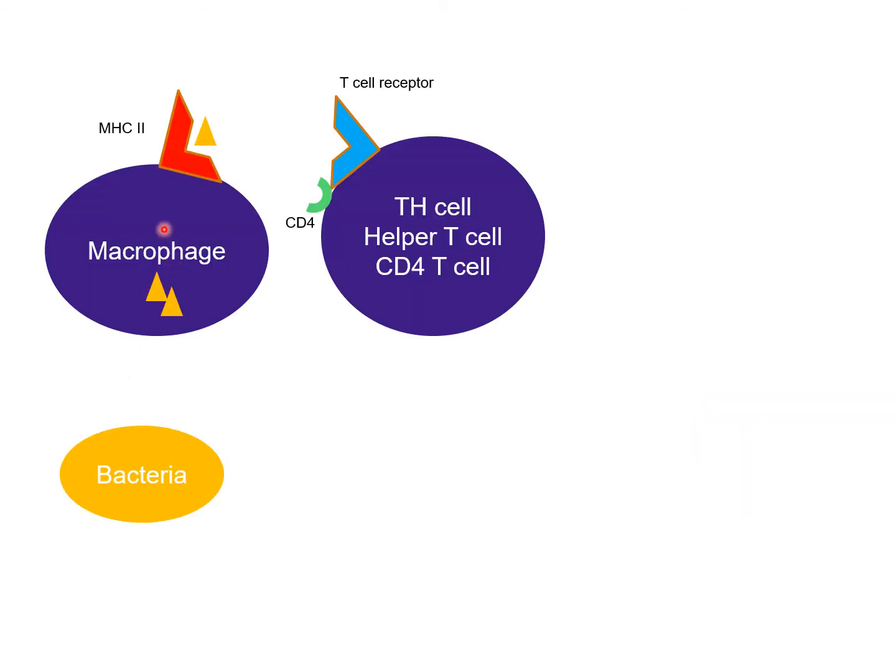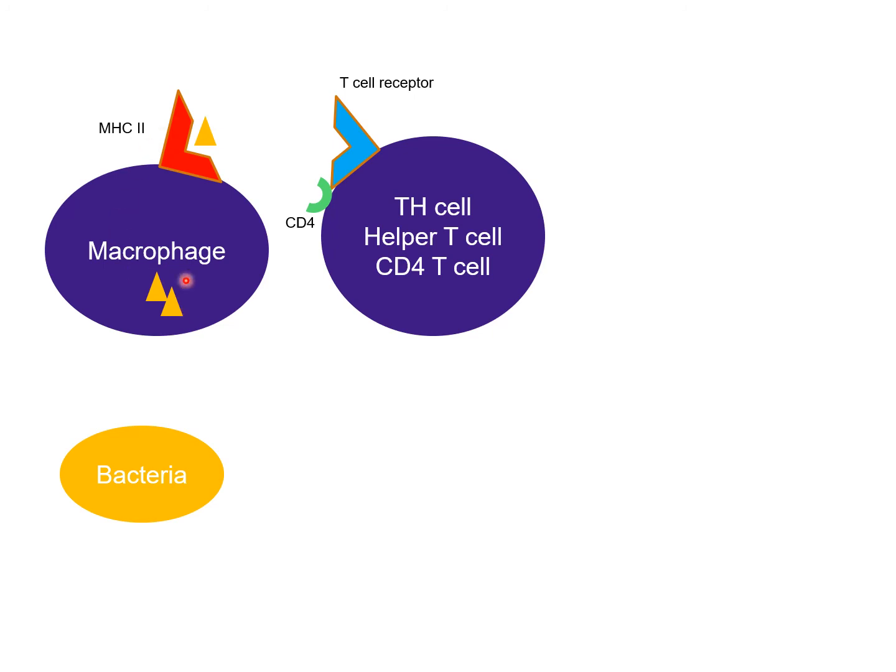So let's say that this cell right here is representing a macrophage. Macrophages are phagocytic cells, meaning that if they encounter a foreign antigen, such as a bacteria, they're going to be able to engulf the bacteria. Once they engulf the bacteria, they're going to start breaking it down. So let's say right here, this is representing the broken pieces of the bacteria, pieces of the bacteria's antigen.